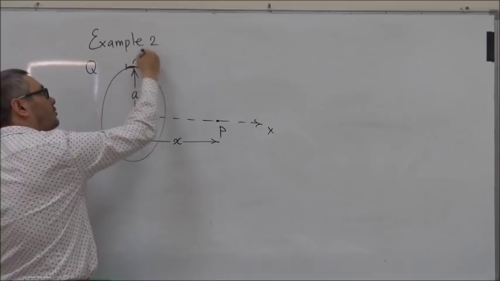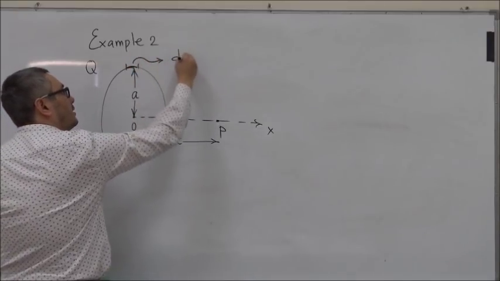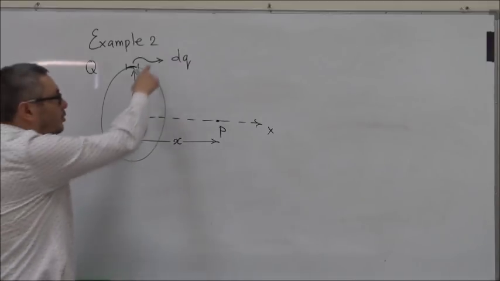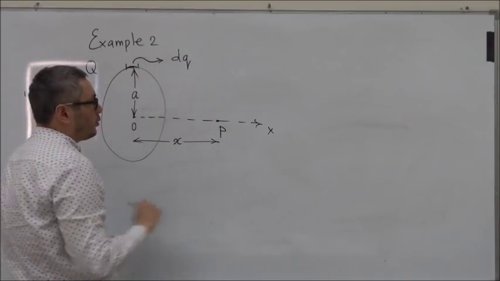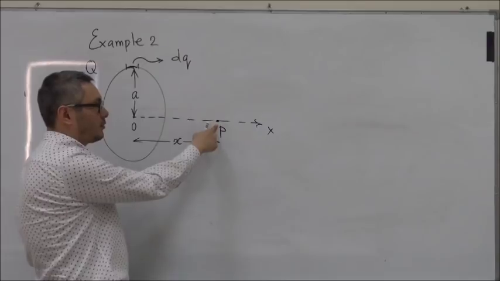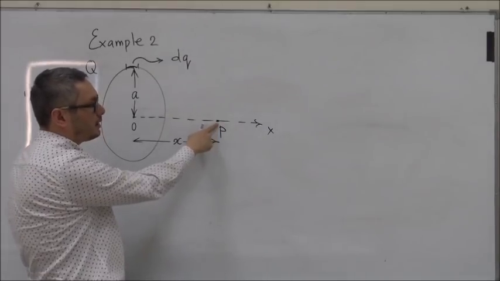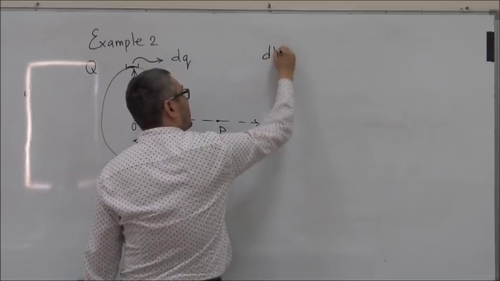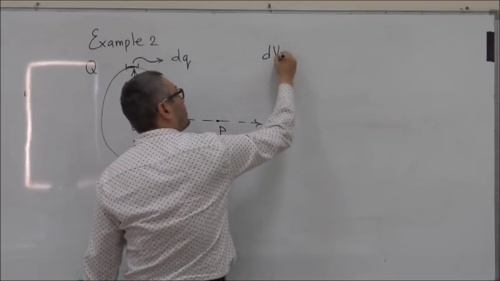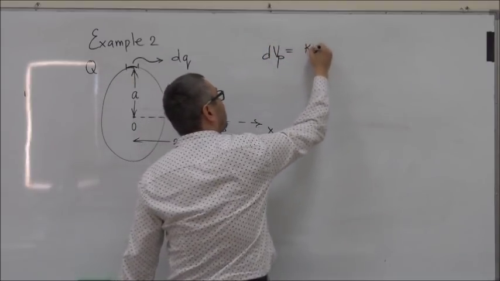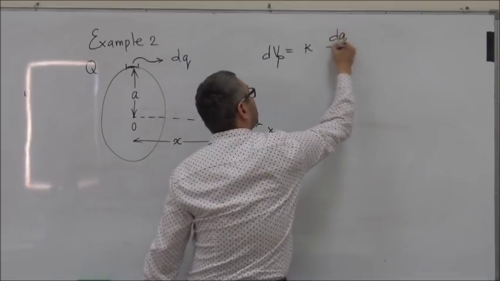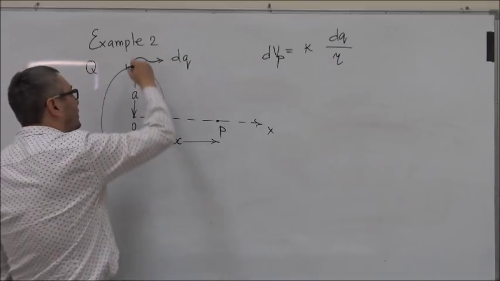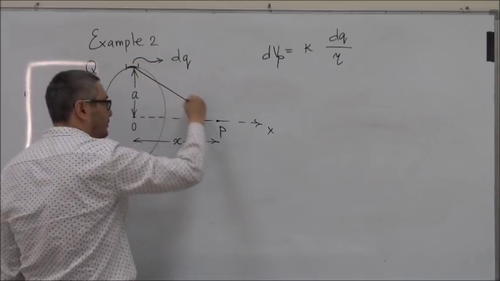So let's say that the amount of charge that's here is equal to dq. This small element of charge dq will contribute a small element of the electric potential dV at this point. So this small element of electric potential dV at point P is equal to k dq divided by r, where r is this distance.